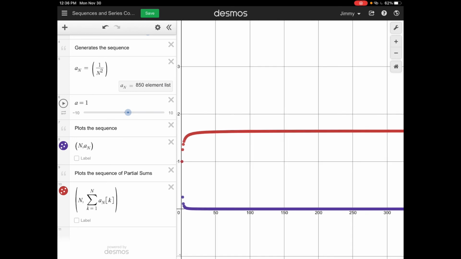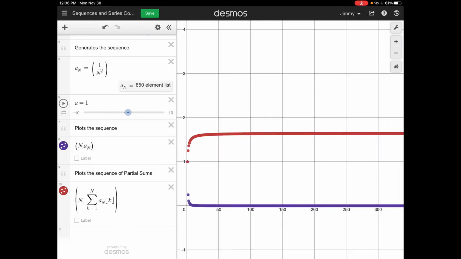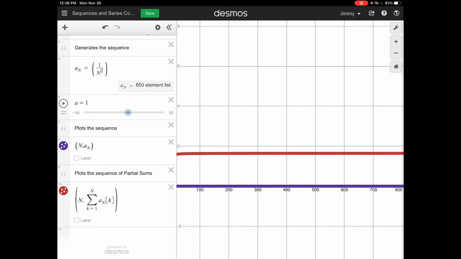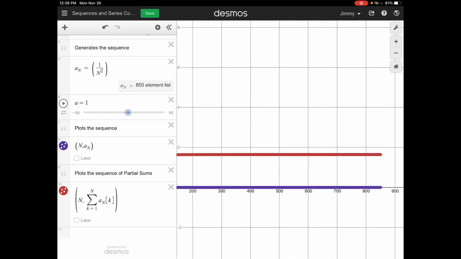If I zoom out, this top line represents what we're approaching, and we're getting closer and closer and closer. If I zoom far enough out, after adding 700 terms, I'm at 1.643, which is kind of close to the same sum after adding 500 terms.